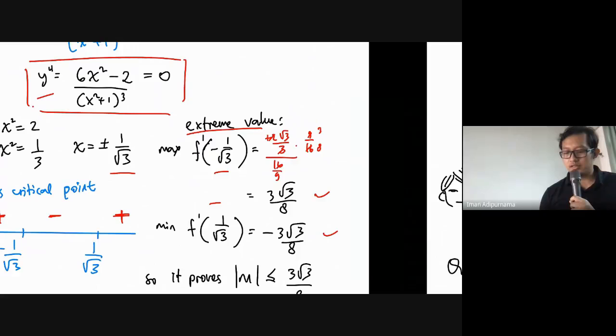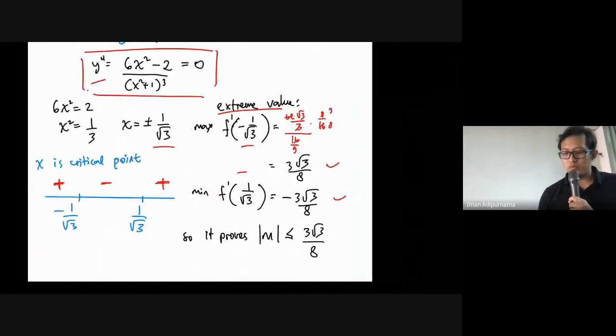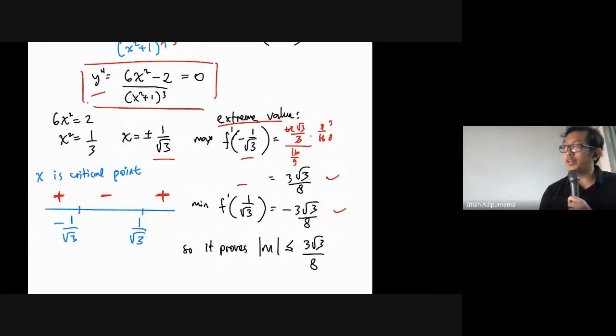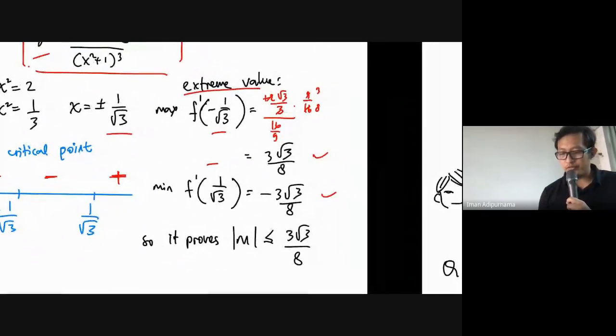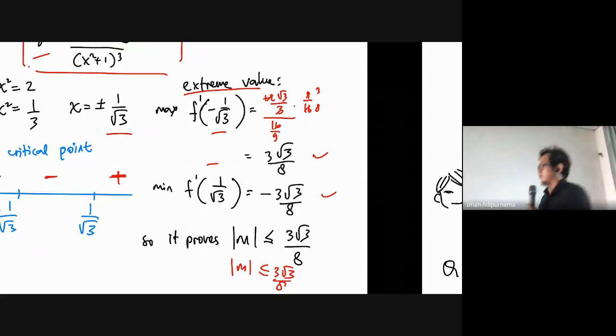And based on what we have done in the mean value theorem in the previous one, it will prove that our slope will be at most this, because if you put the absolute value, this will be the absolute maximum that the function can get, right?